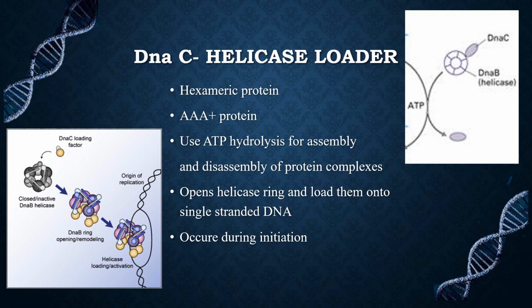So, the helicase loader opens the helicase ring and loads them onto single stranded DNA, and helicase loading occurs only during initiation. Here in the picture it's clear that DnaB, that is helicase, is closed or inactive without DnaC loading factor, and upon binding with DnaC it opens or gets activated and is loaded onto the origin of replication site, that is single stranded DNA.